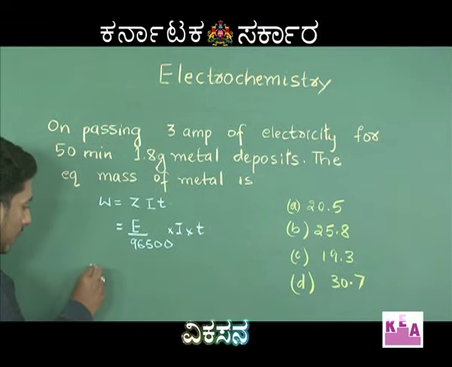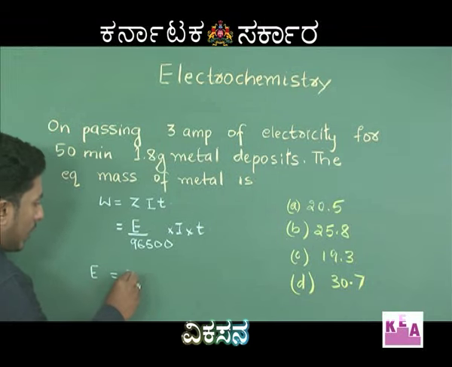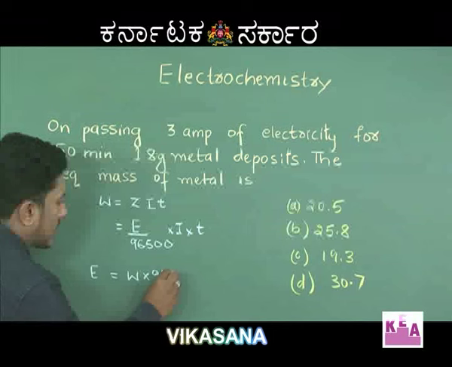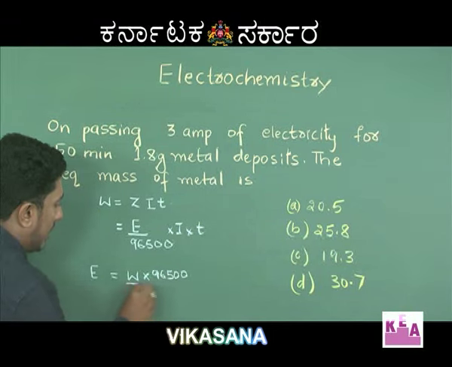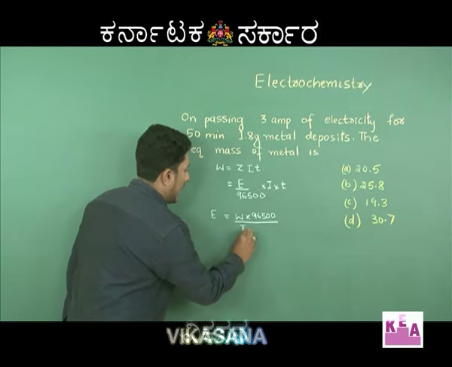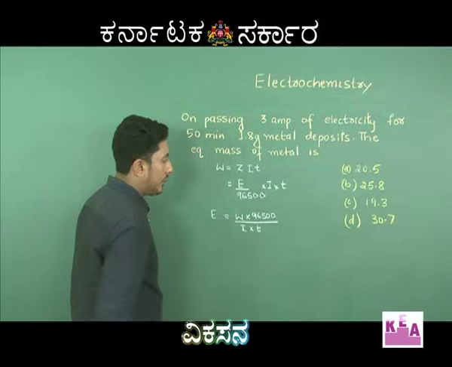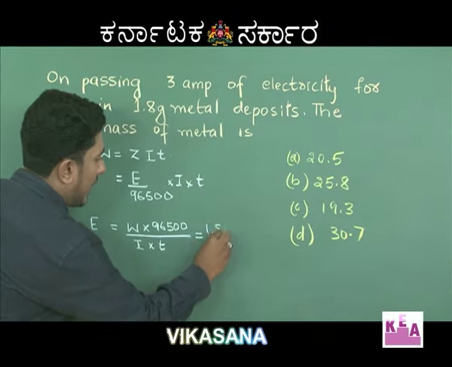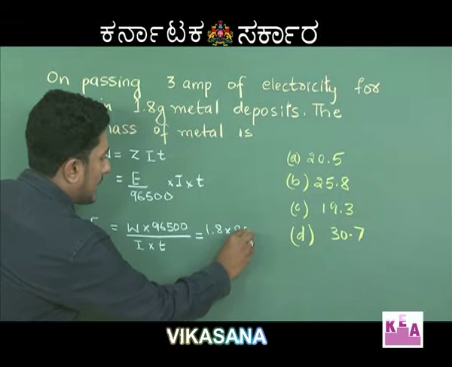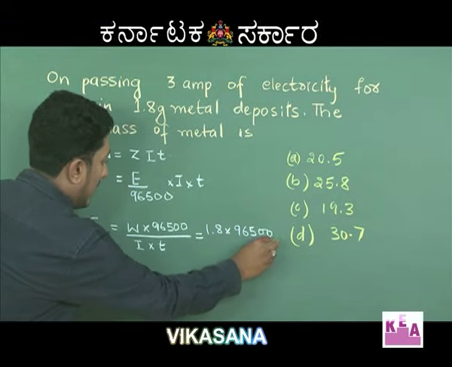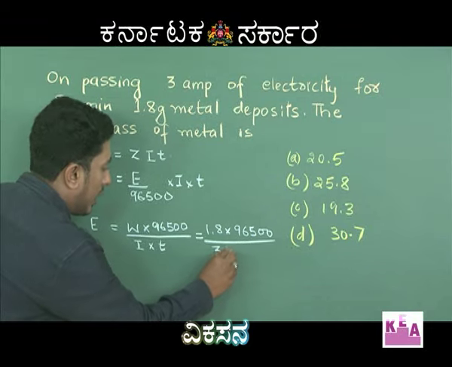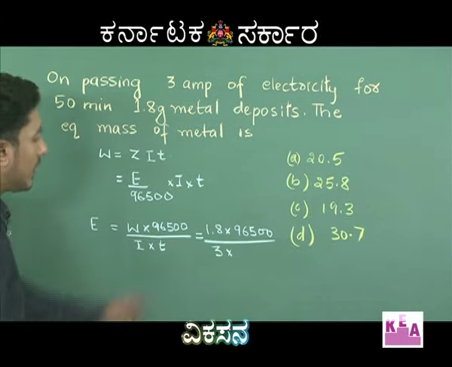Hence, equivalent weight E is equal to W, weight of the substance discharged, into 96,500 divided by I into T. This will be equal to, weight of the substance discharged is 1.8 gram into 96,500 divided by I, where I is current in ampere, that is 3, into time, where time should be in seconds.